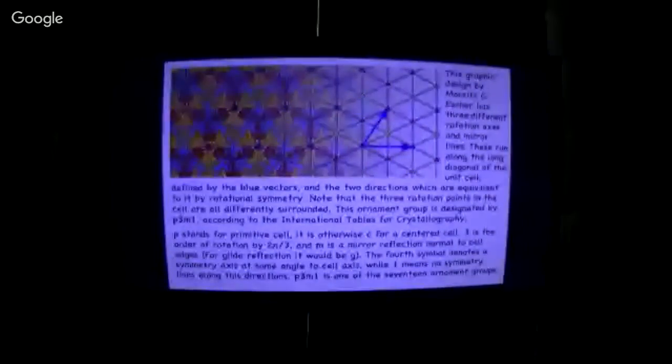Now, this might be for you still too complicated. I have here a simpler recipe. I can look at the Escher's picture and say, okay, I can rotate it by 120 degrees, and the picture maps into itself. So I go to 120. Then, is there a reflection? Yes, there are 3 reflections. I go further.